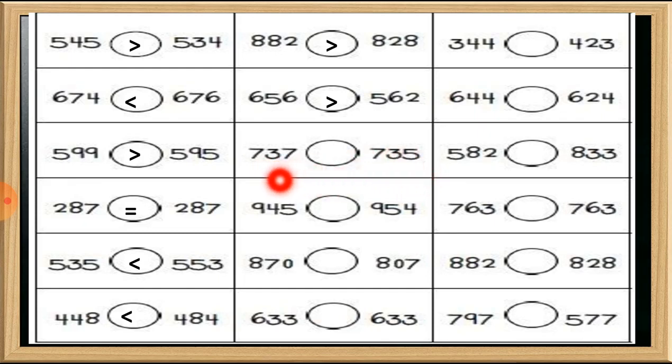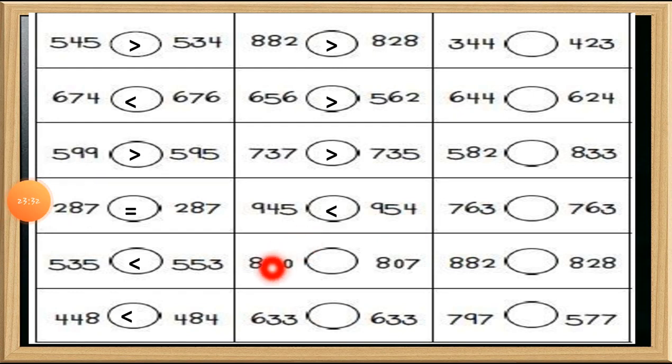So 37 is a bigger number, so alligator will eat 737 number. Let's see the next one 945 and 954. Here is the 45 and here is the 54. So the bigger number is 954. So alligator will eat the 954 number.